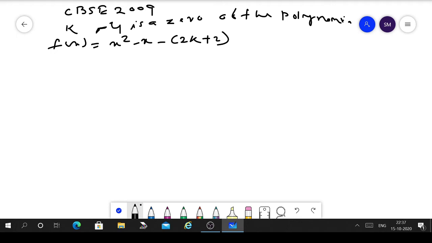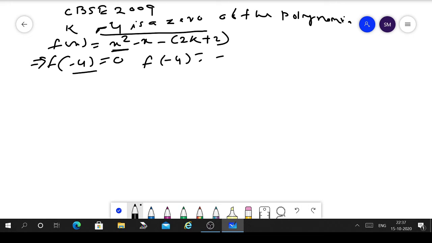Given that -4 is a zero of the polynomial, we have to find the value of k. As -4 is a zero of the polynomial, f of -4 is equal to 0. Put -4 in place of x. Then f of -4 is (-4) whole square minus (-4) minus 2k plus 2, which is equal to 0.